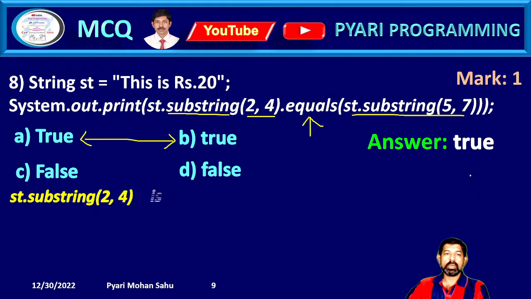The substring is "is", because 0 1 2, this is position 0, this is 1, this is 2, this is 3, and the space is 4, this is 5, this is 6, and the space is 7. Now substring 2 comma 4, where 4 is excluded, so that means 2 to 3.